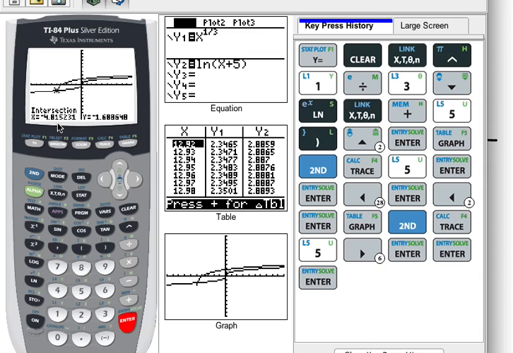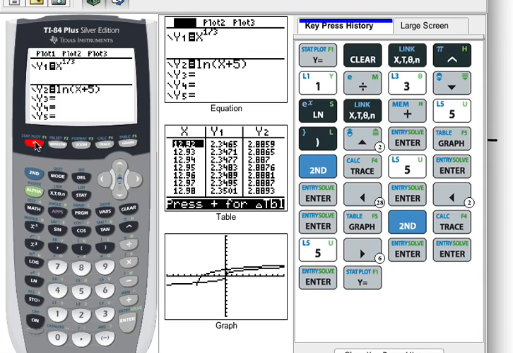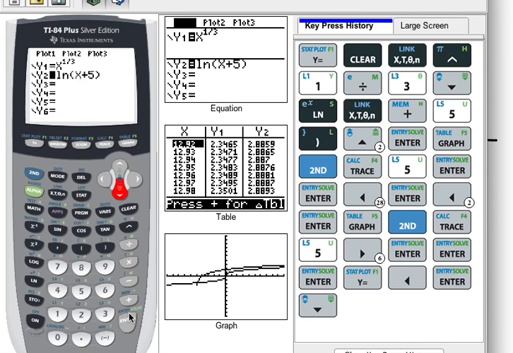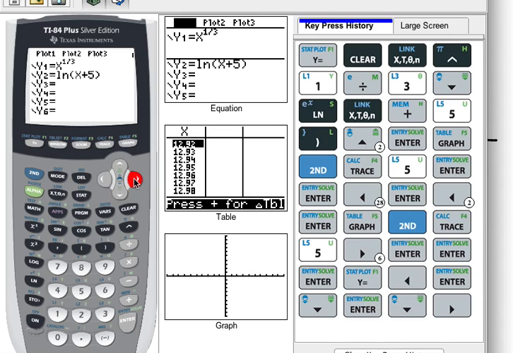Now, if we wanted to go find it using the zeros method, essentially what we want to do is we're going to combine these two into one equation. So I'm going to turn these two off real quick. And we're going to combine it into one equation. You can also do this using your y bars if you're more familiar with that. Otherwise, you can just retype it.